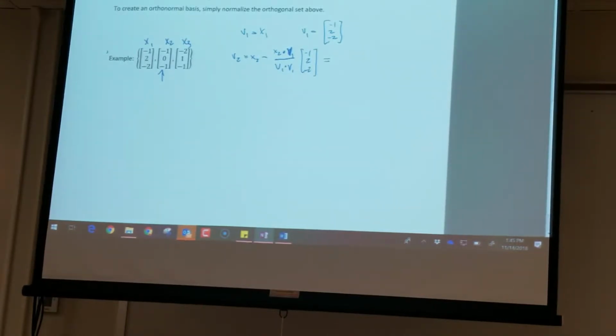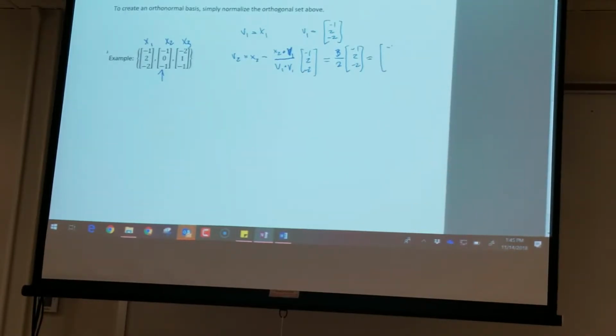So the dot product is going to be positive 1, 0, positive 2, so that's 3, divided by 1 squared plus 0 plus 1 squared. And so this is going to be v2.